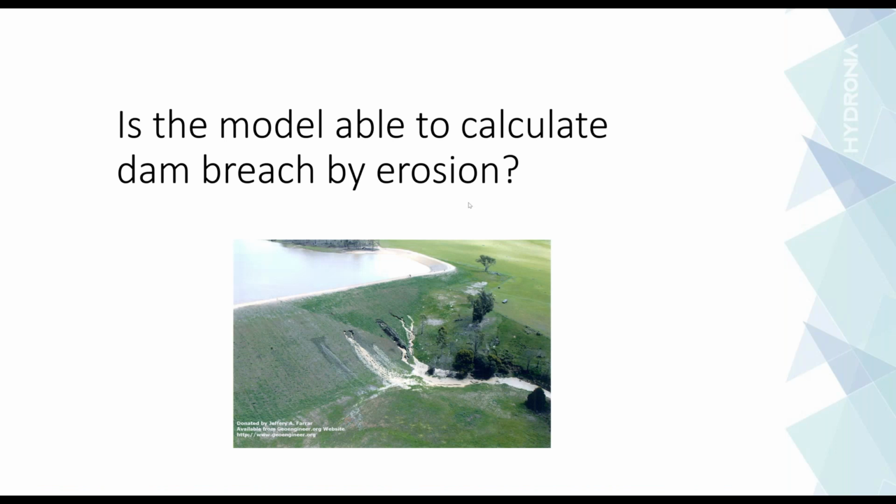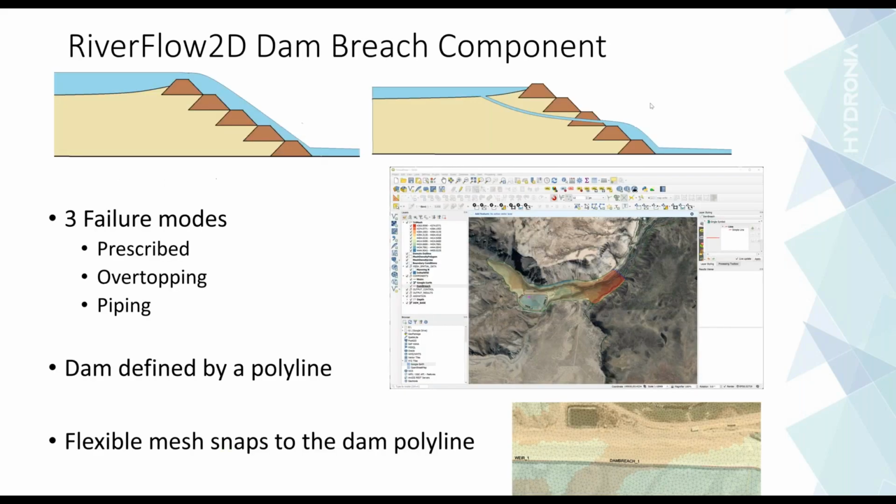Okay, I guess this is our last question for today. Is the model able to calculate dam breach by erosion? We had a webinar a few weeks back about this tool. And yes, you can model the dam breach component using 3 failure modes. One is prescribed, where you define in an initial way how the breach will form in time, so when the model starts running, you already know how the dam will fail.